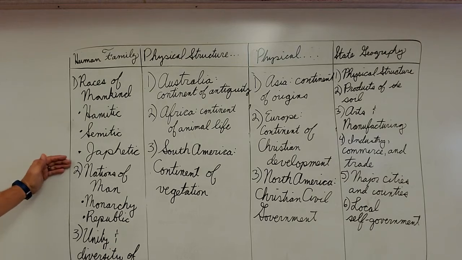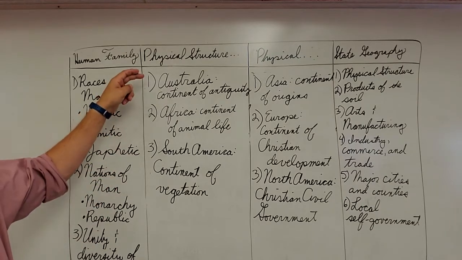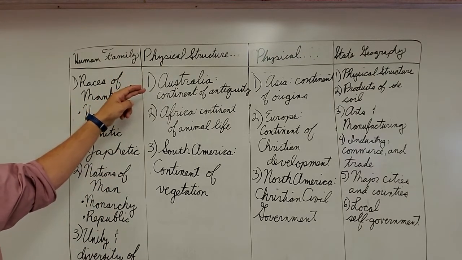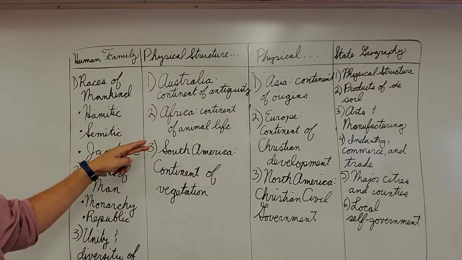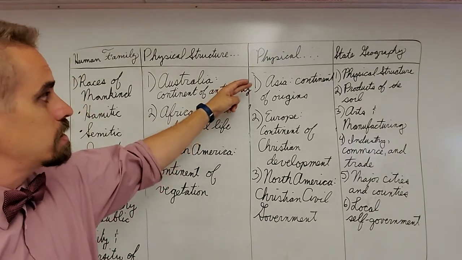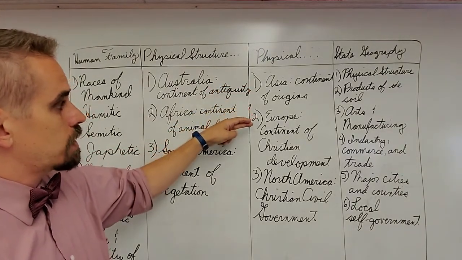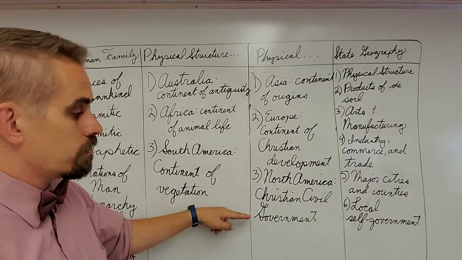We have nations of men, so either monarchy or republic, unity and diversity of cultures. We've got Australia, the continent of antiquity, Africa, the continent of animal life, and South America, the continent of vegetation. Over here, we've got Asia, the continent of origins, Europe, the continent of Christian development, North America, Christian civil government.